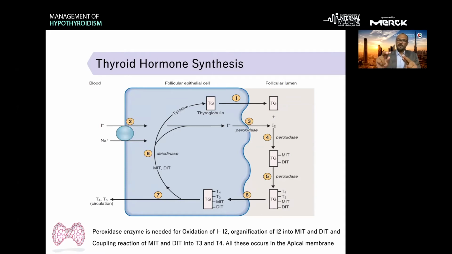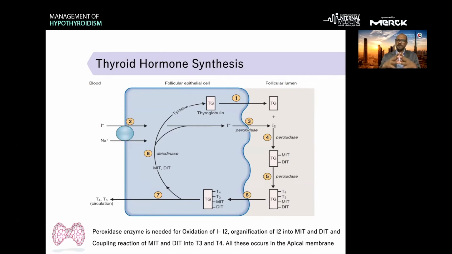Again, you need the thyroid peroxidase for this step. And the 5th step is the coupling of the monoiodothyronine together to form diiodothyronine, or di with mono to form triiodothyronine, T3 or T4.